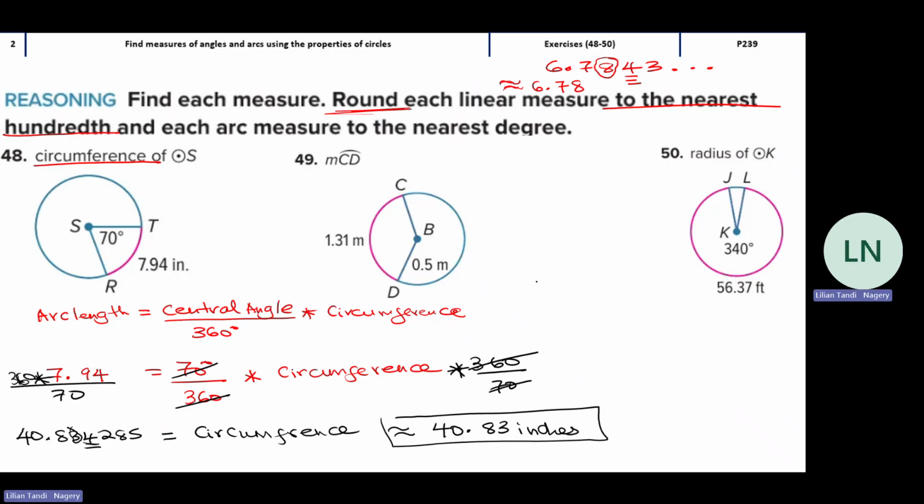Okay, now I want to do this one. I will do the same thing, arc length. So I want to find this other arc over here, CD. I want to find this distance here. Okay, I'm trying to think, what should I do?